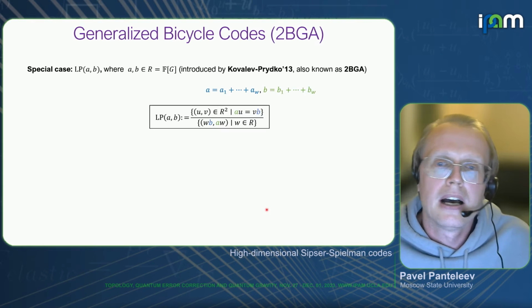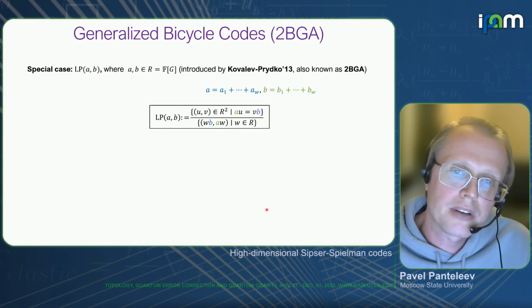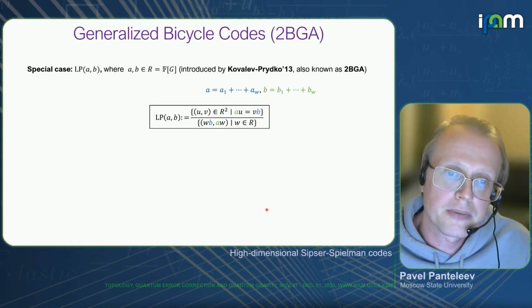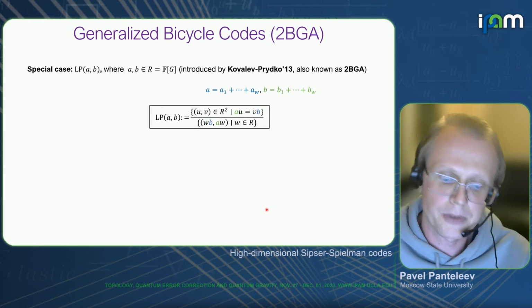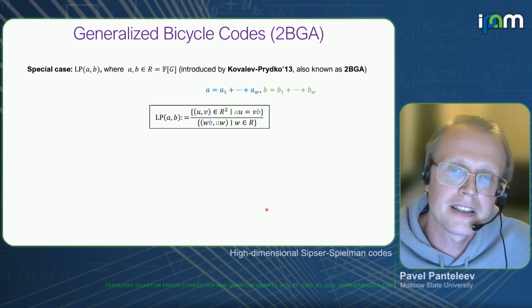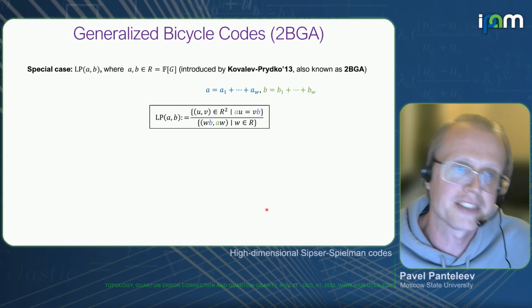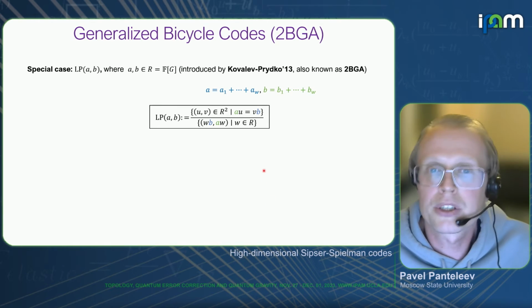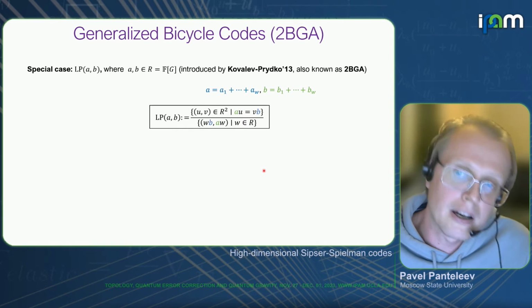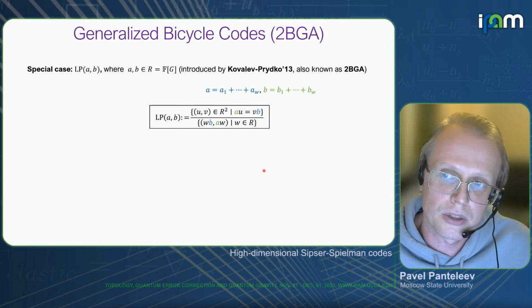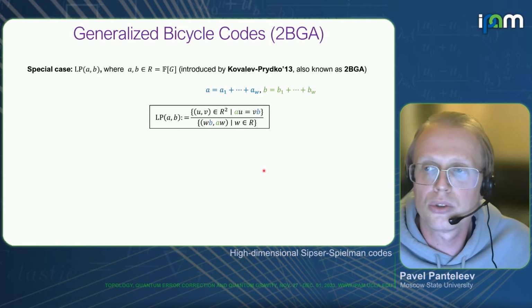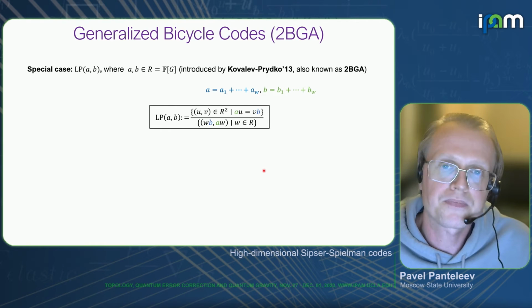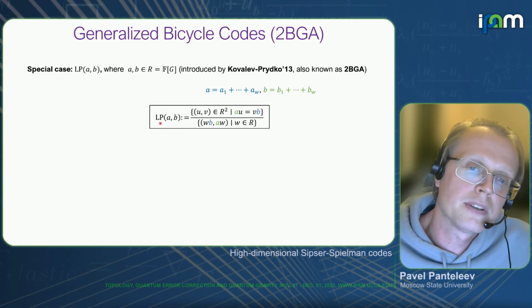Okay. And before describing this general idea of lifted product code, let us first concentrate on the very special case that was introduced by Kovalev-Pryadko almost 10 years ago. Now they're also known as 2BGA codes.